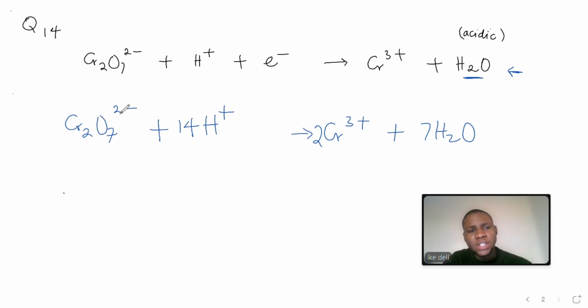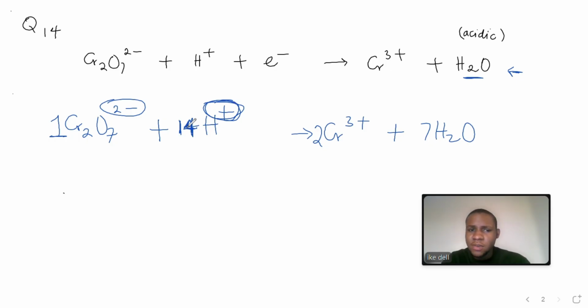What are our charges here on the left hand side? These are our charges. But don't look at only this. Look at the coefficient as well. 14H plus. And here we have just one Cr2O7 2 minus, so I have a minus 2 here and then I have a plus 14.